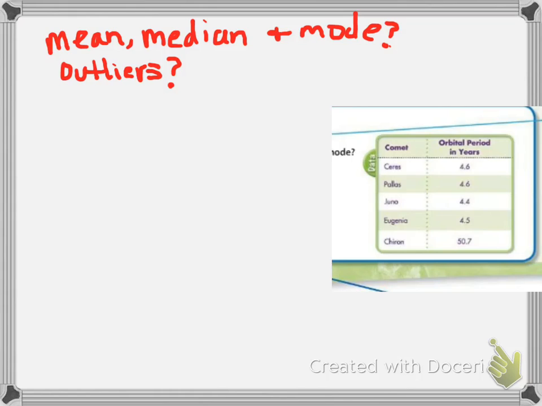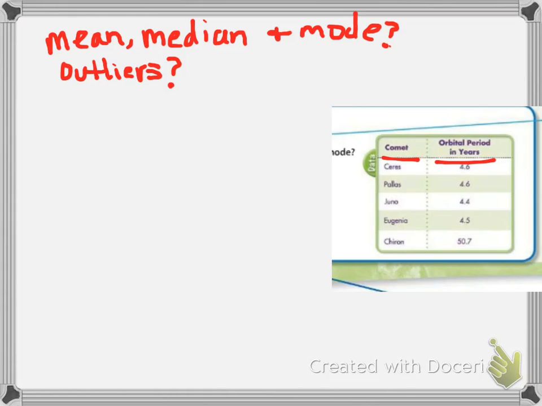Okay, so we're gonna work out this problem with the table that they use in your book, which is about the comet and how many orbital periods and years. So we see these different comets here, and then how long does it take? Now, just by looking at the data here, let me clean it up.